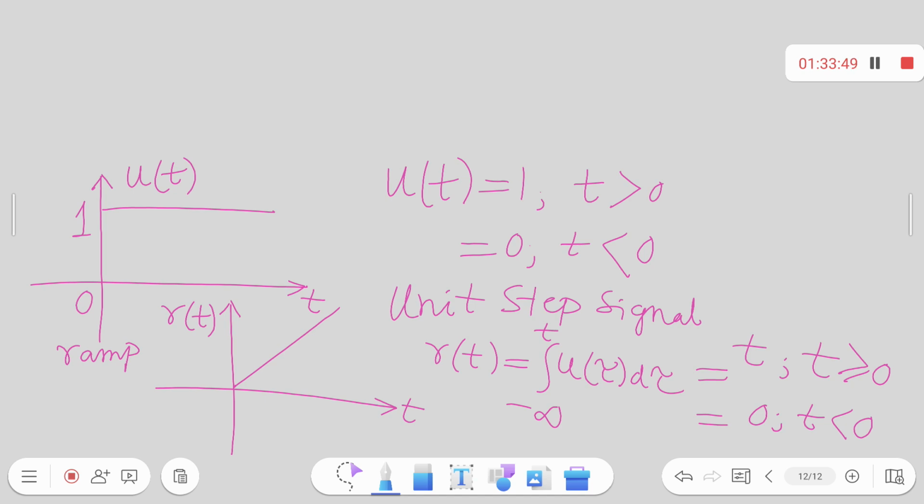Now the question is, if you differentiate the step function, what will you get? Not 0. That's a very tricky question. Differentiation means what? If you have some change, that will be reflected.